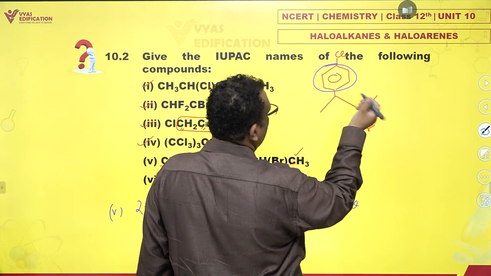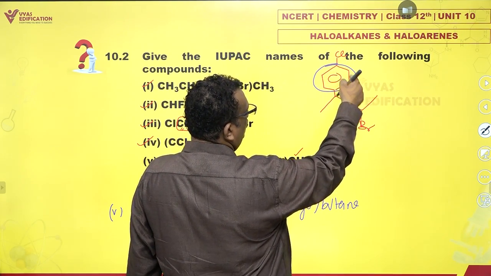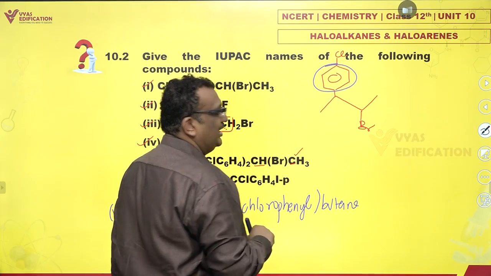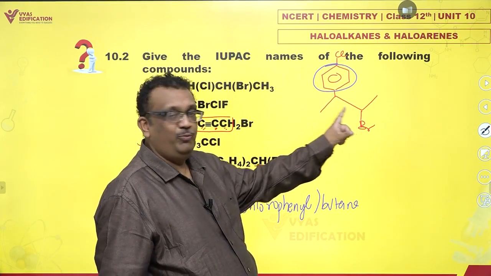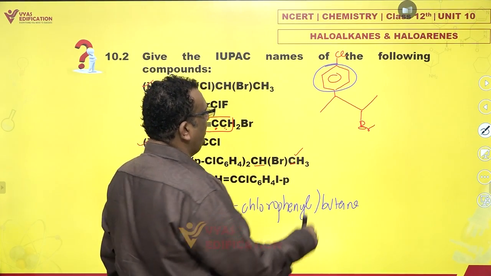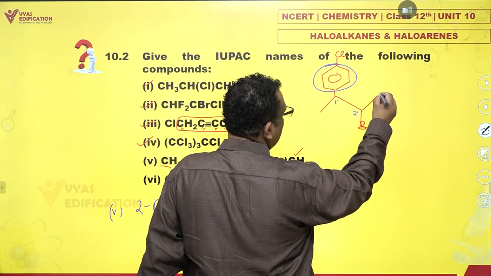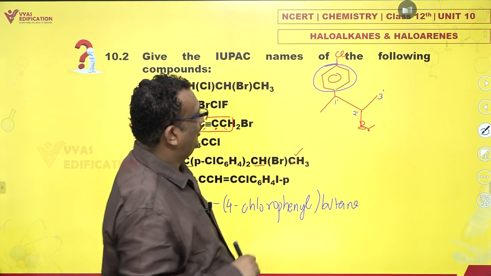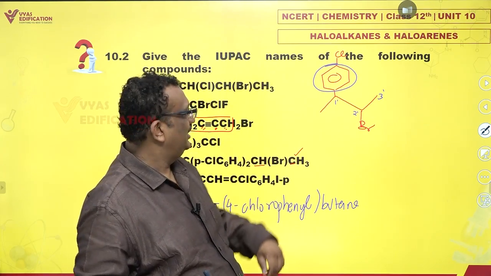Had this been the main chain, well, numbering would have been either 1, 2, 3, 4 or 1, 2, 3, 4, something like that. What would be the name? This is chloro simply. And what would be this? This would be, I think, 1 dash, 2 dash, 3 dash. Okay. So it's 2-bromo 1-methyl propyl, something like that.